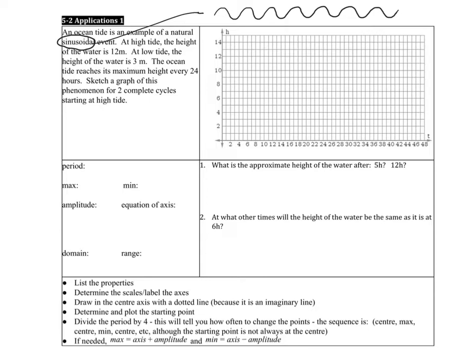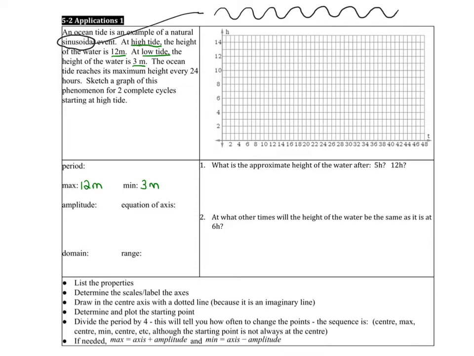So the first piece of information is at high tide the water is 12, and at low tide the water is 3. So that means the maximum is 12, and you've got to put in the units, so that's meters, and the minimum is 3 meters. From the maximum and the minimum, we can get the amplitude and the axis of symmetry.